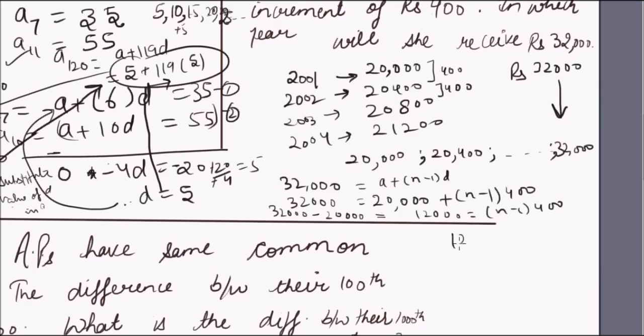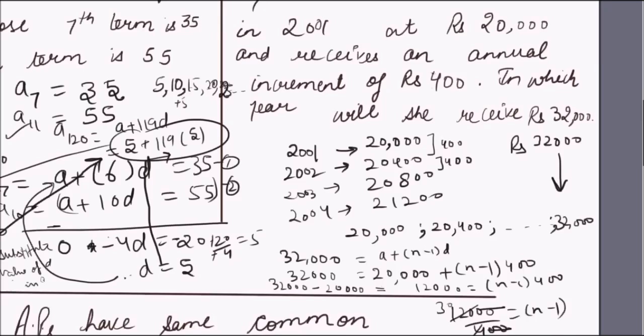Or 12,000 over 400 equals n minus 1. Two zeros get cancelled in numerator and denominator, and we are left with n minus 1 equals 30, or n equals 31.